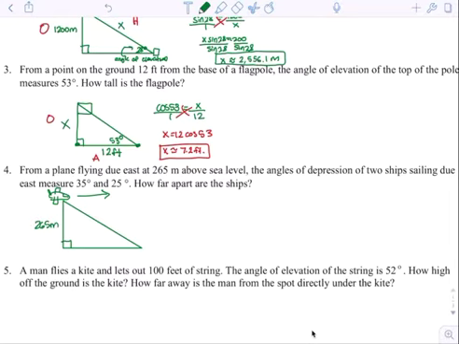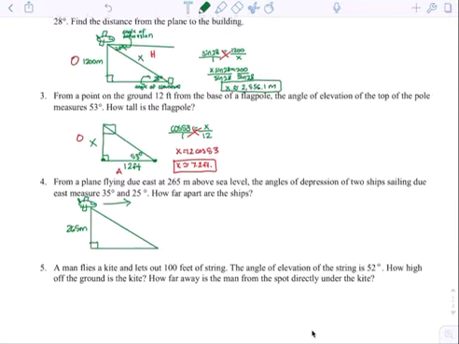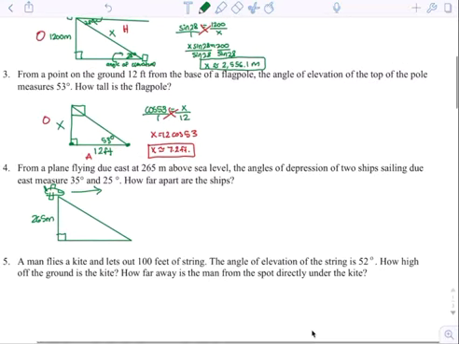It says the angles of depression of two ships sailing due east measure 35 degrees and 25 degrees. So we know that it has two angles of depression, which also means it has two angles of elevation. This first angle of elevation is going to be 35.